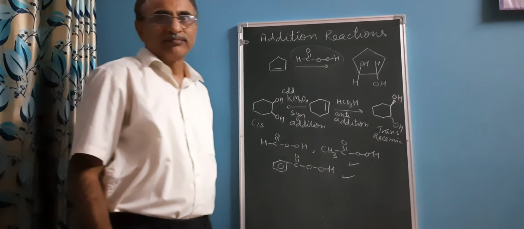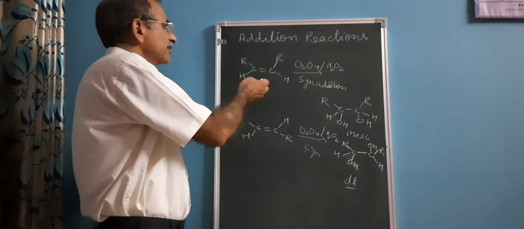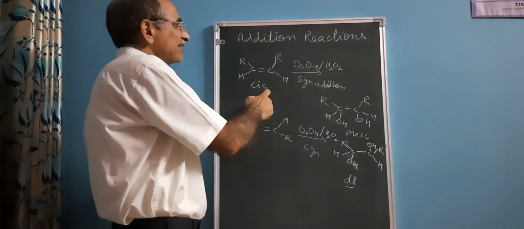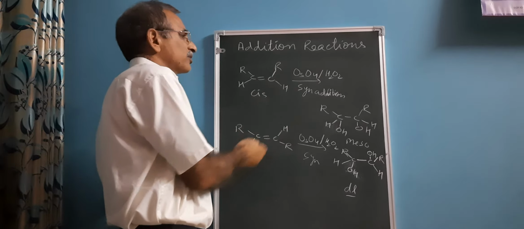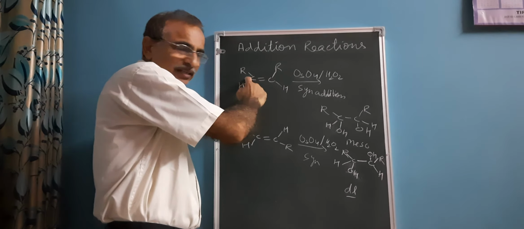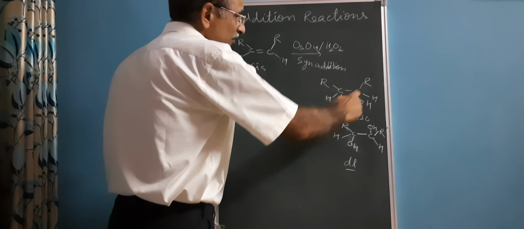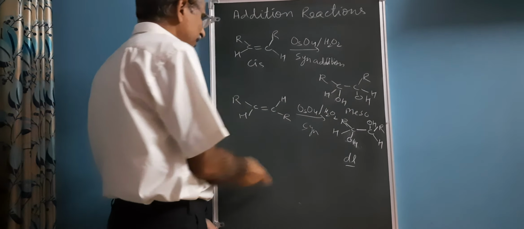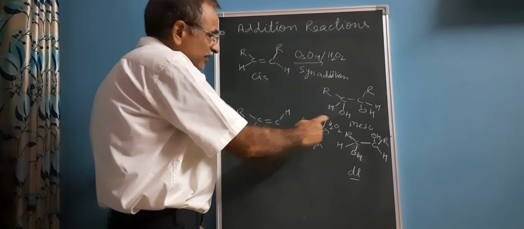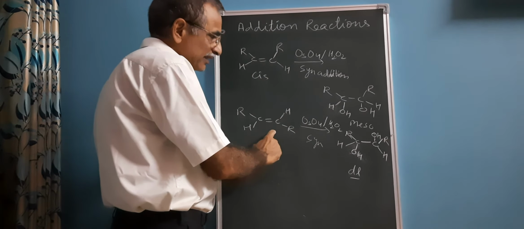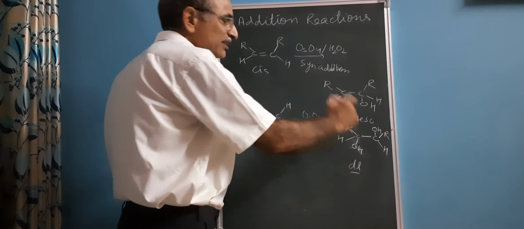Now again, if you have a cis alkene in presence of osmium tetroxide and hydrogen peroxide, and syn addition takes place, there is formation of the meso form. Whenever in a trans alkene, under similar conditions, syn addition takes place, there is formation of the DL form.